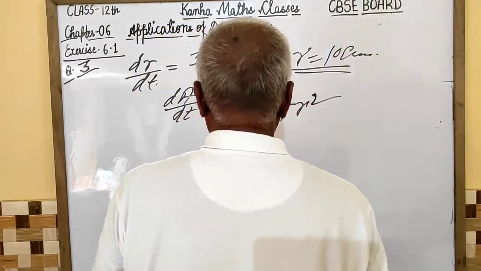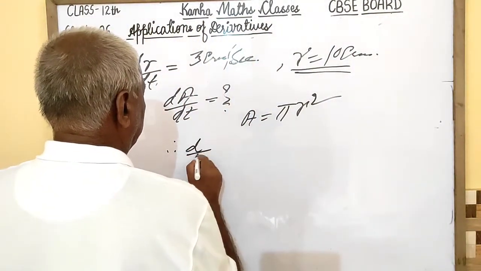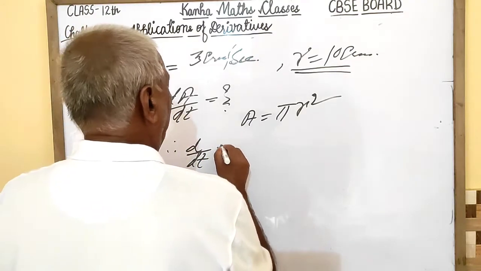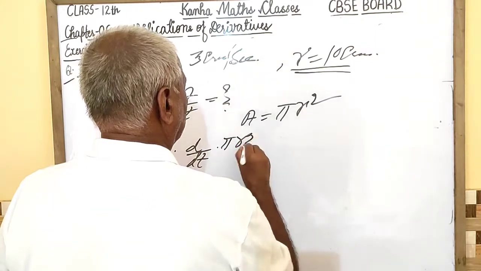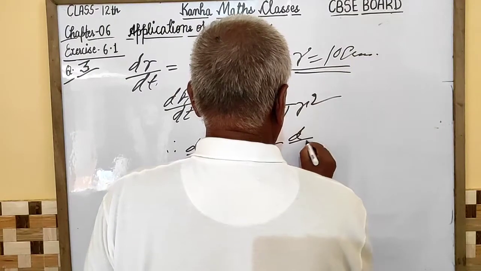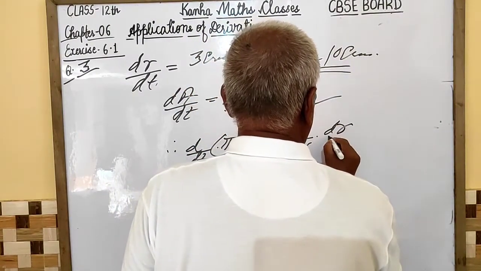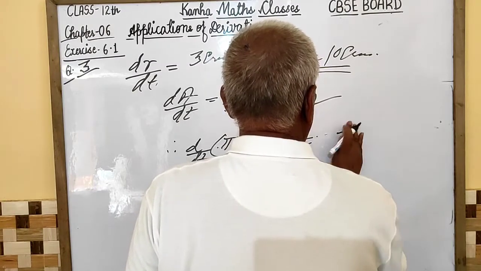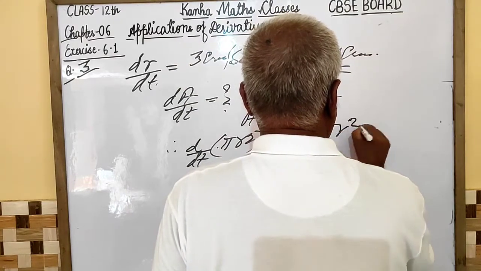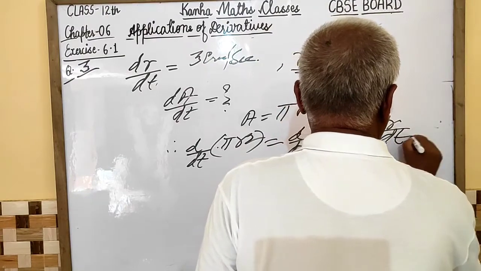Hence d dt of pi r square is equal to d dr of pi r square into dr by dt.